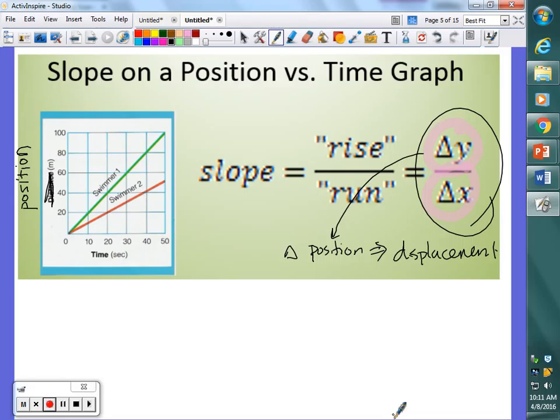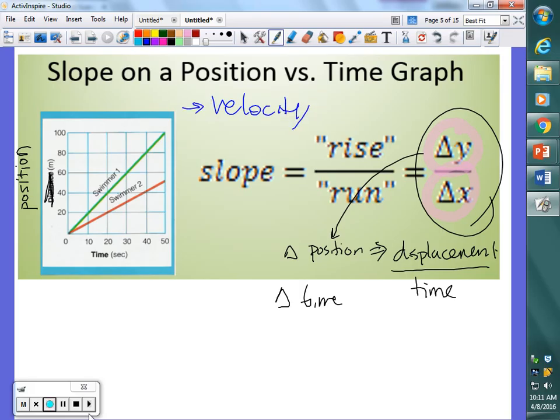So now delta x becomes delta time, or delta t. And that means if we take these ideas of slope, rise over run, and apply them to this graph specifically, we end up with displacement over time. And displacement over time is how we define what? Velocity, right? So the slope on a position versus time graph tells us the velocity.